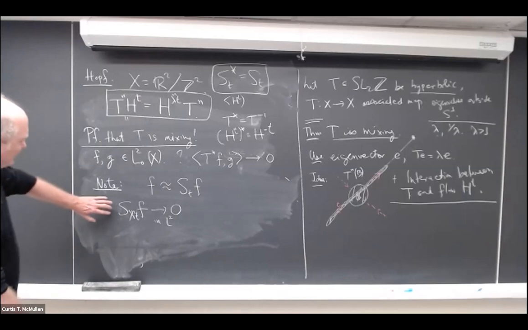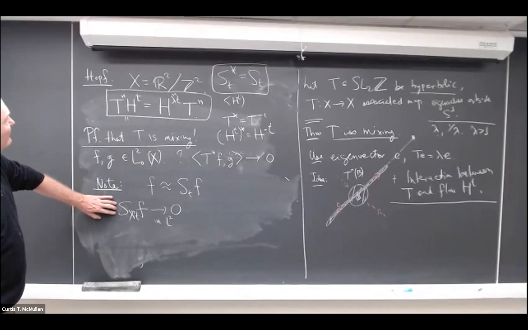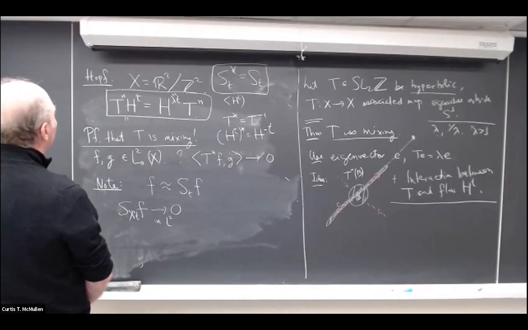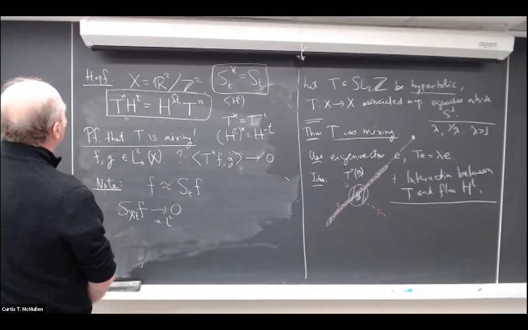So I wanted to get to something where I have an S lambda to the n in front of f. Yeah, so let me just see how I can do that here.